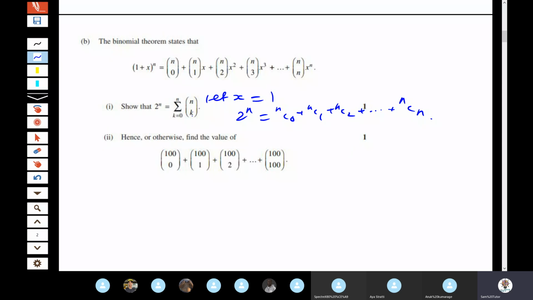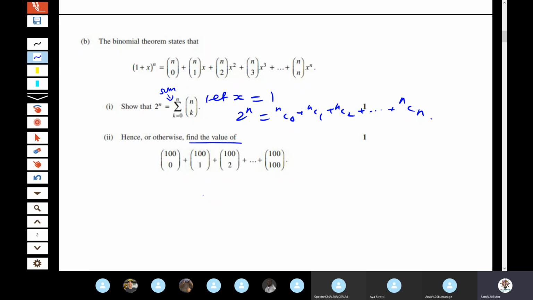K is 0, n choose 0, plus, this guy means sum. Don't forget that. Sum. So n choose 0 plus n choose 1 plus n choose 2 plus all the way up to n choose n. Easy. Hence or otherwise find the value of this. Oh, very easy.